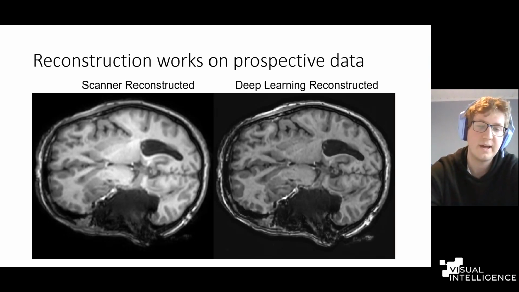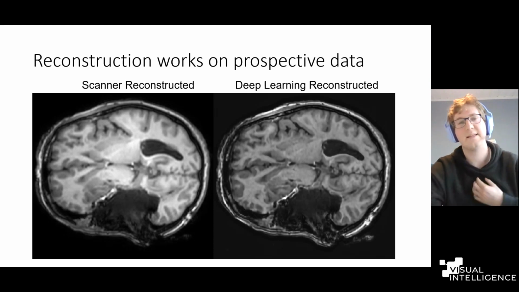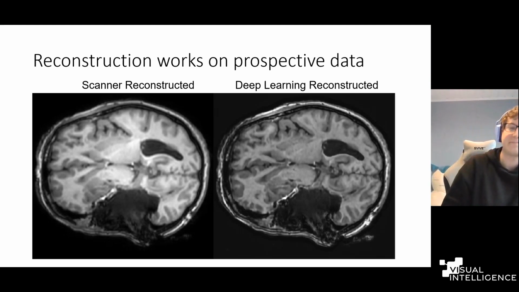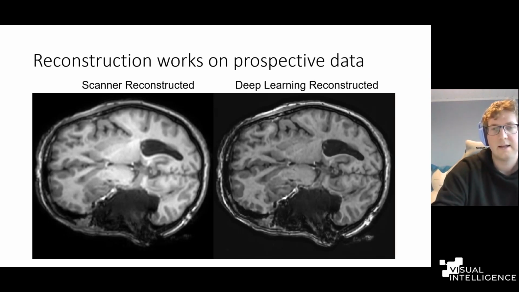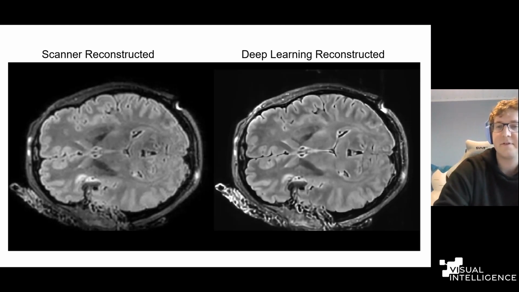And on the right side, you have the corresponding deep learning reconstructed image, and it's generally a lot more clear. It's a lot sharper than the scanner counterpart. And it's similar here. This is a different kind of sequence.